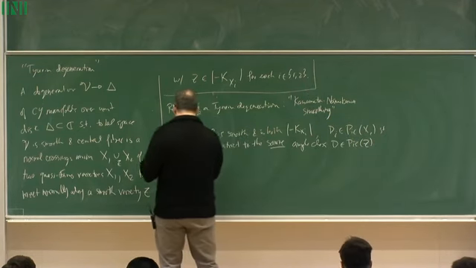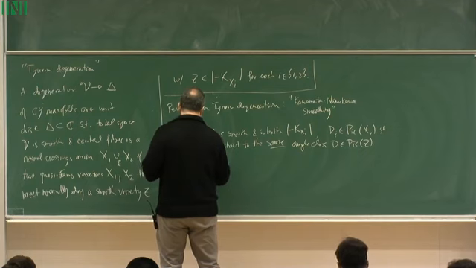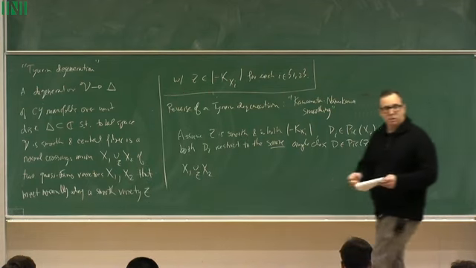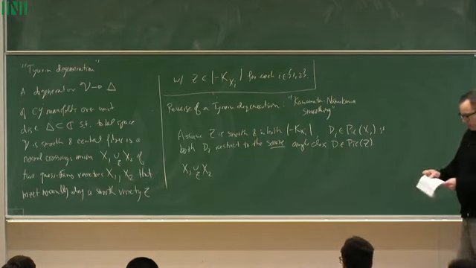Okay. We'll let X1 union over Z of X2 be as before, a normal crossings intersection of the two. All right.